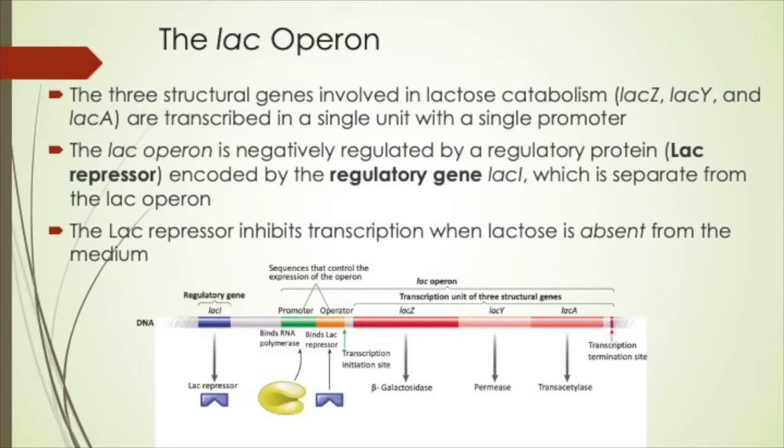The three structural genes involved in lactose catabolism, lacZ, lacY, and lacA, are transcribed into a single unit with a single promoter. So the lac operon is negatively regulated by the regulatory protein lac repressor.